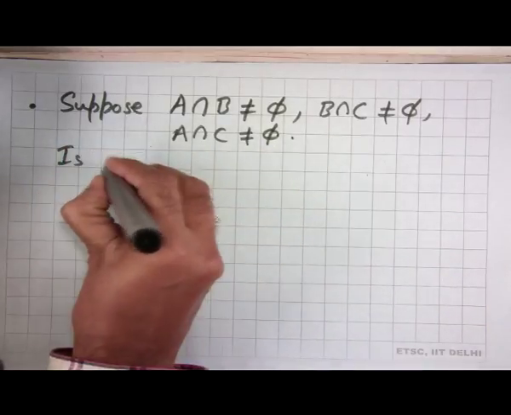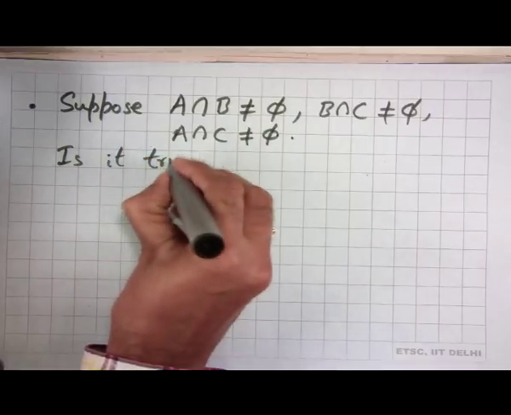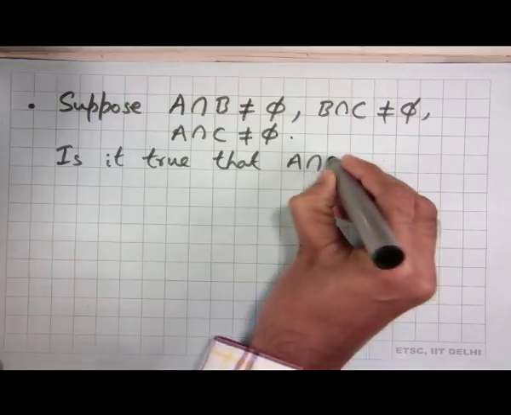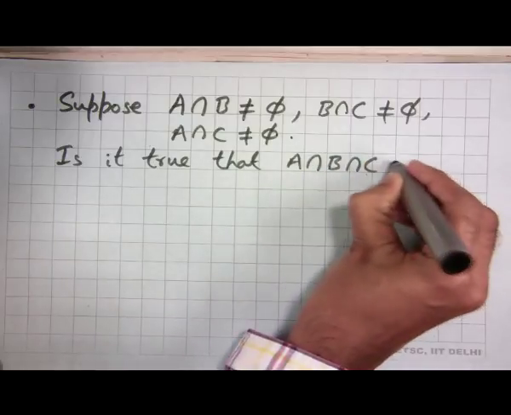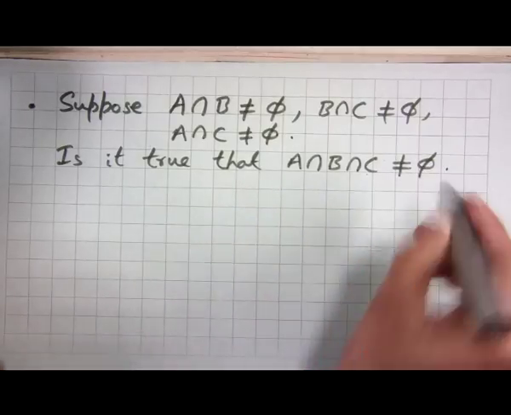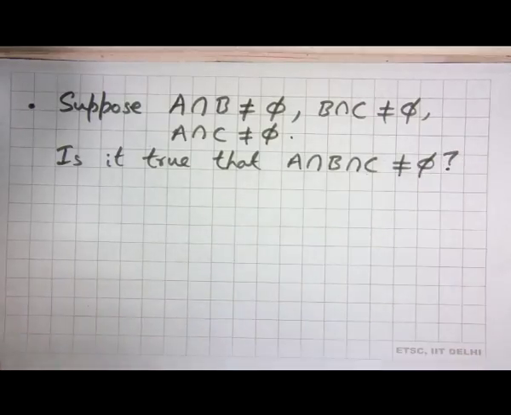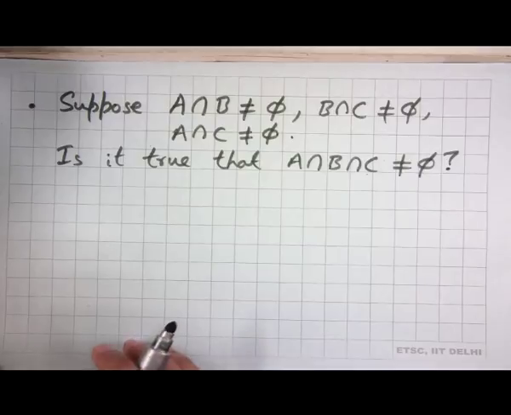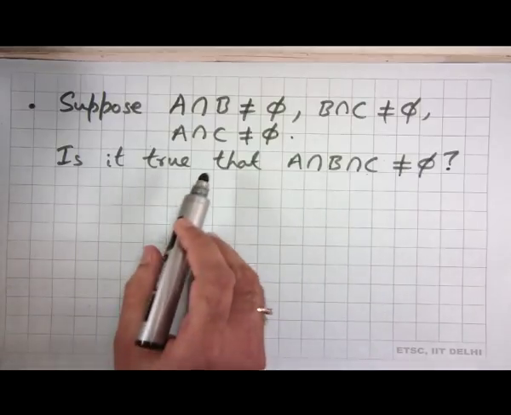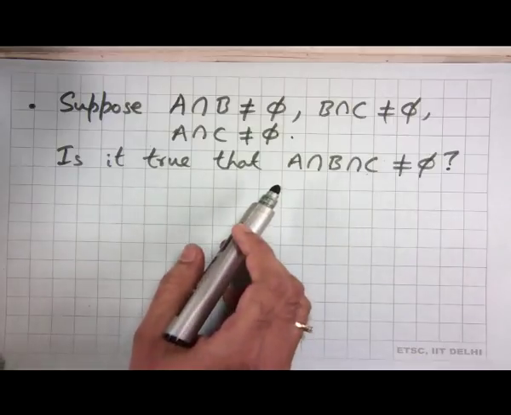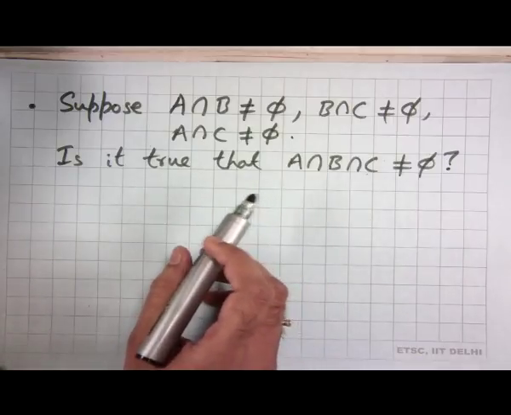Is it true that A intersected B intersected C is non-empty? So, if we have 3 sets such that pairwise they are not disjoint, we have something in common, then is it true that there is something common in each of them?